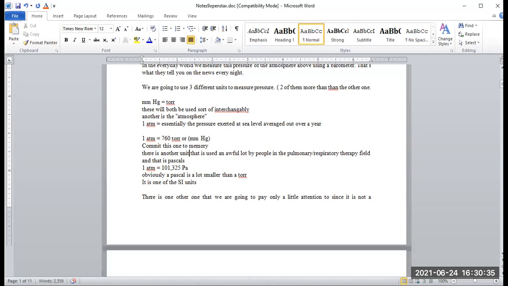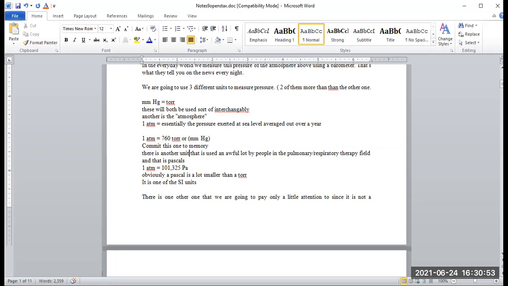The other one is actually the SI unit. However, truthfully, the only people that I have seen use it career-wise on a regular basis seem to be the pulmonary/respiratory field.